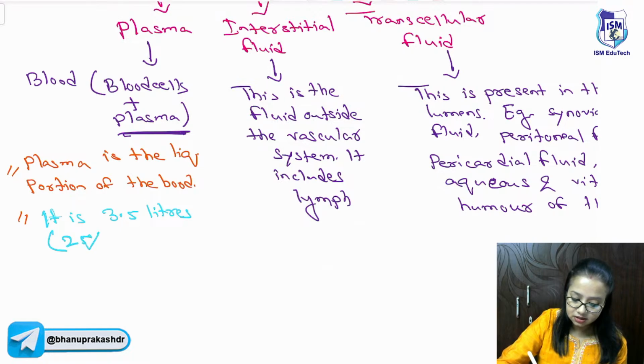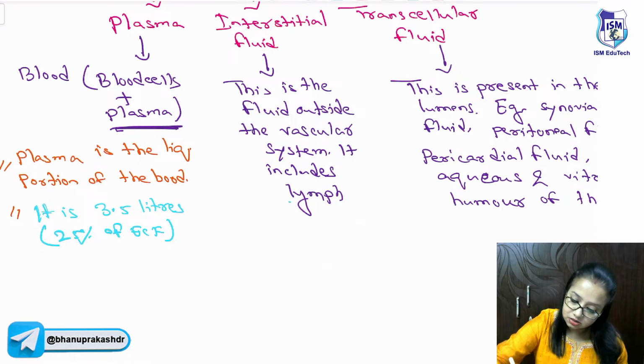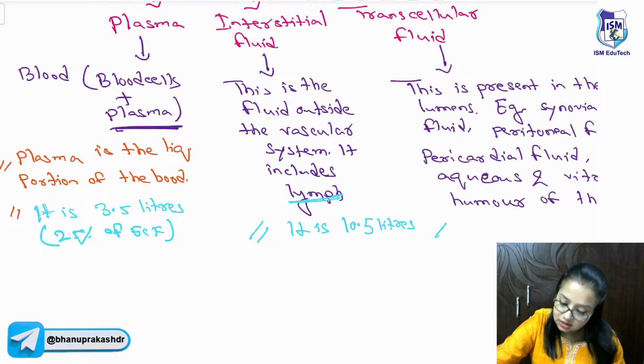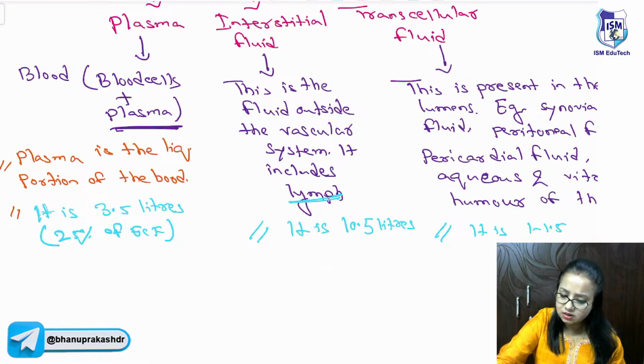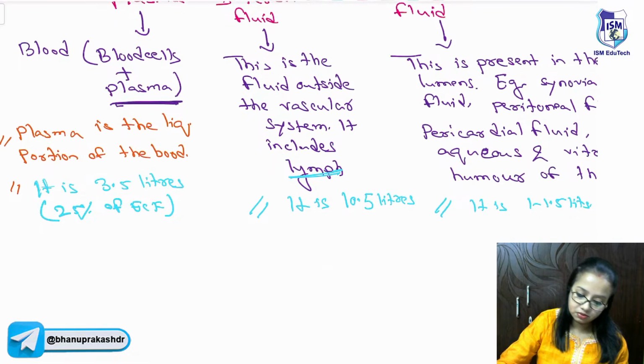Now, the interstitial fluid includes the lymph, but it is outside the vascular system and has nothing to do with the blood. It is 10.5 liters by volume. And the transcellular fluid is very less. It is 1 to 1.5 liters. This is the distribution of the body fluids.